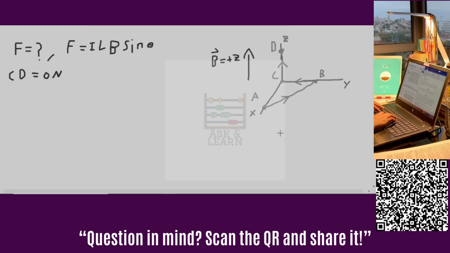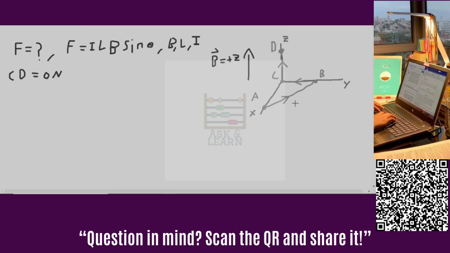So now we need A to B and B to C. So we'll need to do a force equation for each one of those segments. Now we are given the magnetic field through the whole thing. We are given the lengths for each wire. And we are given the current. Now these are all connected, which means that the current will be the same for each segment.